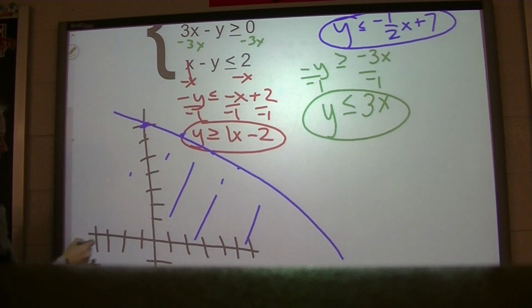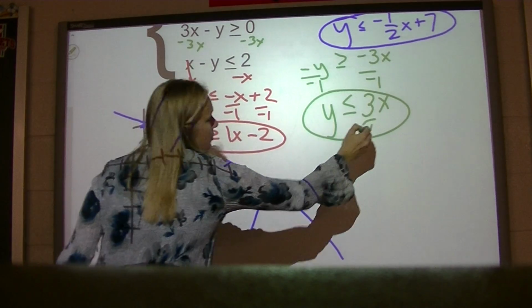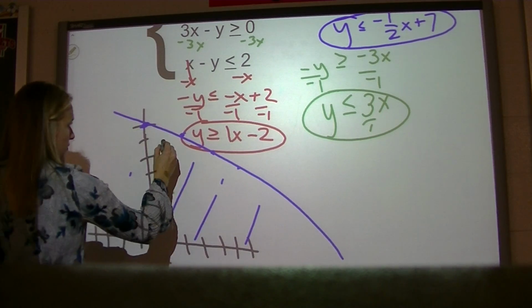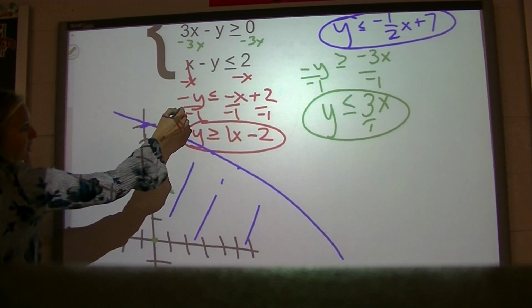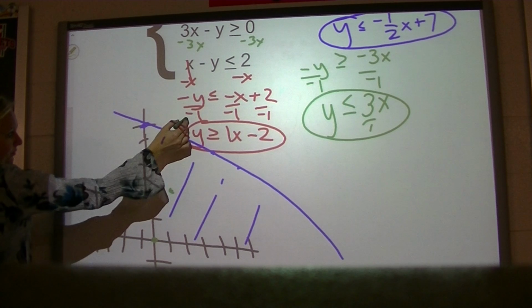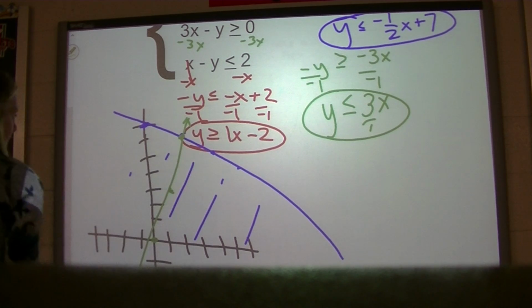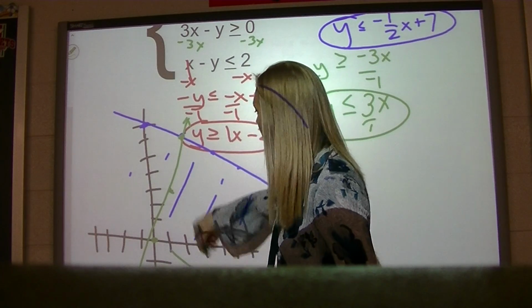So y is less than or equal to 3x, so that my y-intercept is 0. My slope is 3 over 1, so I'm going to go up 3 over 1, up 3 over 1. Okay, and I'm going to graph that line. And y is less than or equal to that. Sorry, that's a horrible line, but it's less than or equal to that, which again is below it.